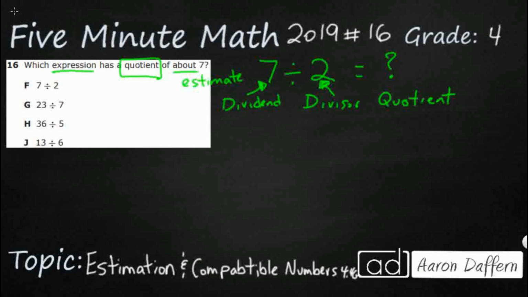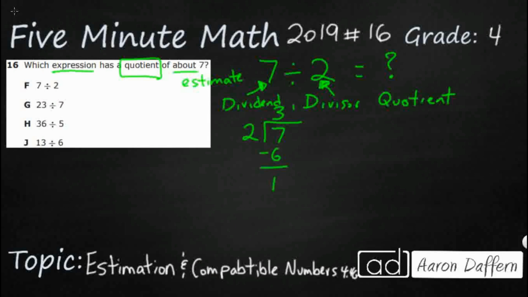So let's see, if we were to divide 2 into 7, let's just do a little long division here. Notice when we do our long division, the dividend and the divisor swap spots. The divisor goes on the outside, the dividend goes on the inside. So 2 goes into 7 3 times. 3 times 2 is 6. There's 1 left over.